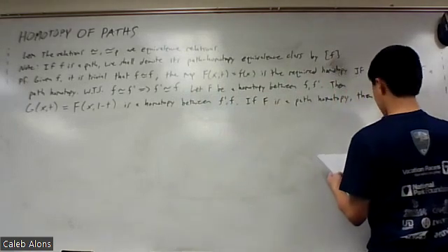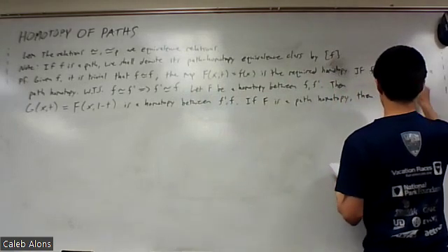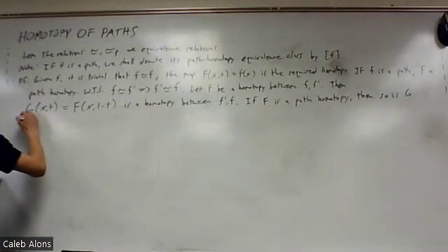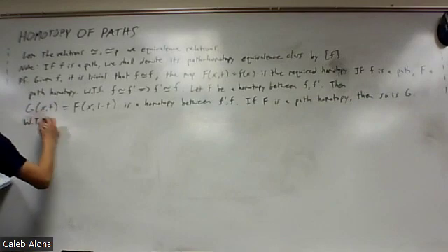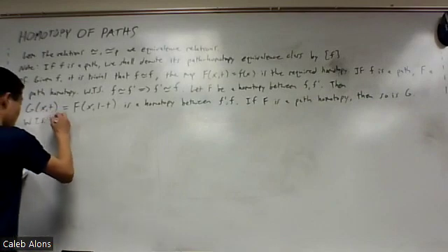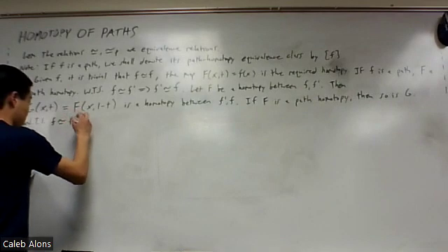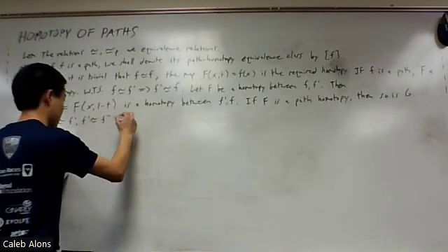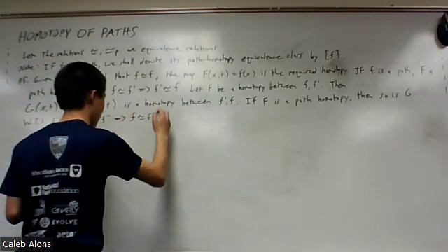And then transitivity: we want to show f homotopic to f prime and f prime homotopic to f prime prime would give that f is homotopic to f prime prime.